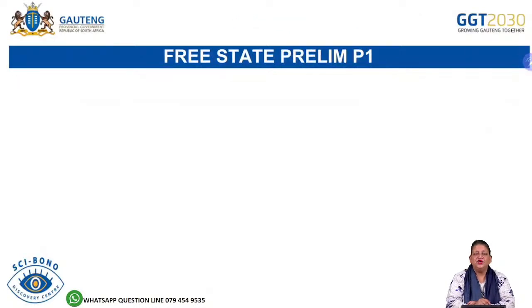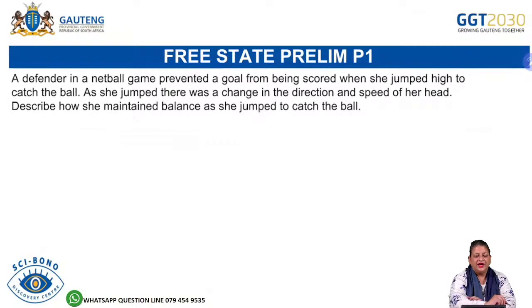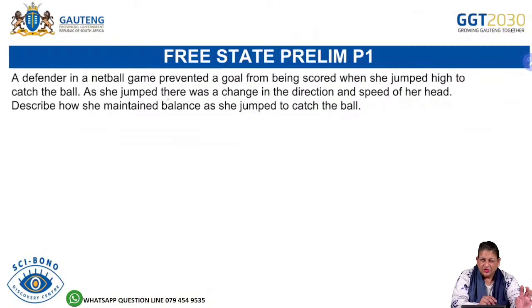So this is a question, learners, from the Free State Prelim Paper 1 of this year, right? A defender in a netball game prevented a goal from being scored when she jumped high to catch the ball. So now we don't know what topic is this. A defender in a netball game prevented a goal from being scored when she jumped high to catch the ball.